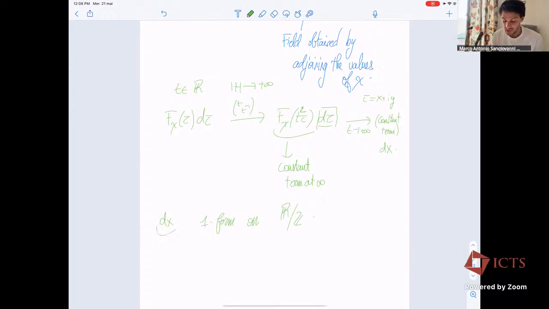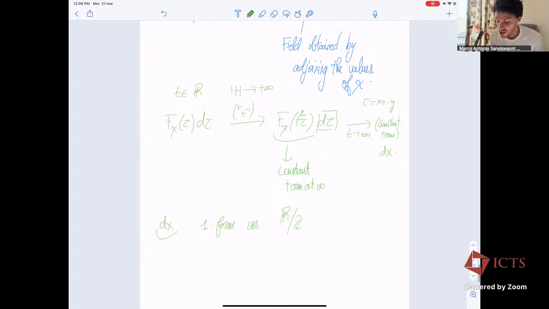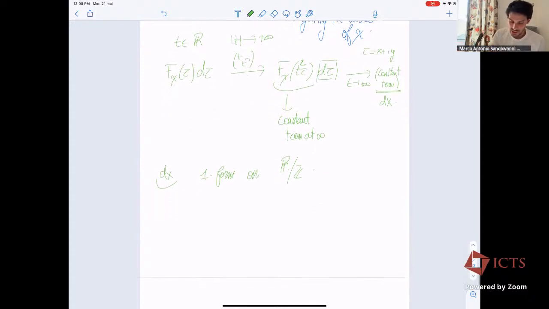But obviously the period of dx on R mod Z is rational. So it's a rational basis of the cohomology of the circle. And so you see that f of chi of tau d tau inherits the rationality properties of the constant term. I've only done the computation at infinity, but obviously at other cusps it's the same. So this was the GL2 case.